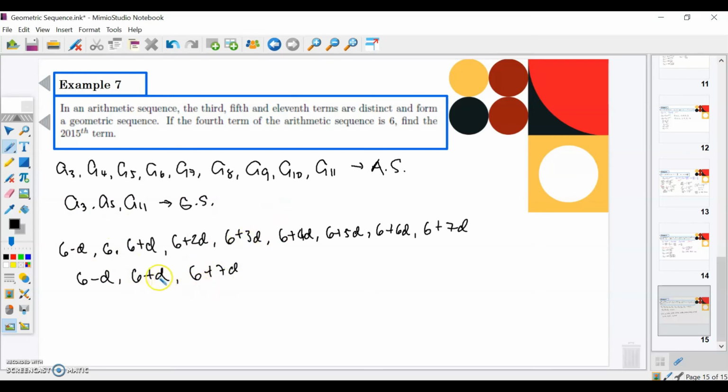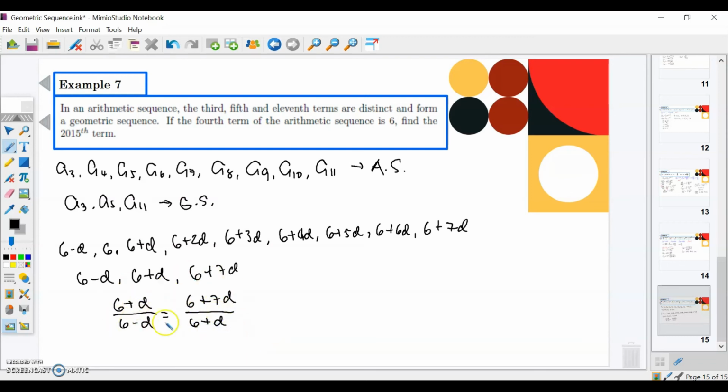Now, since these three form a geometric sequence, therefore, there's a common ratio that exists between the terms in this geometric sequence. So, I will now have the equation 6 plus d over 6 minus d is equal to the ratio between 6 plus 7d over 6 plus d.